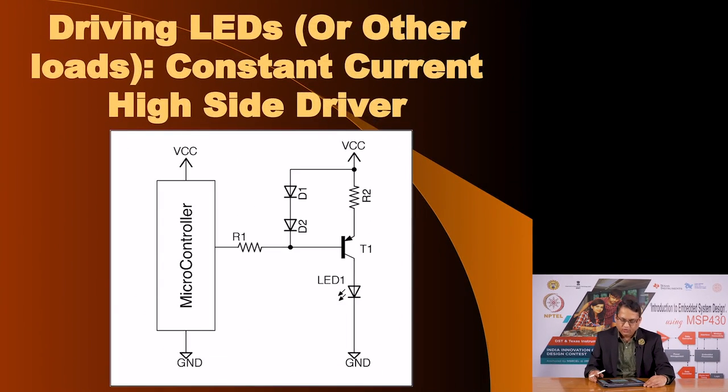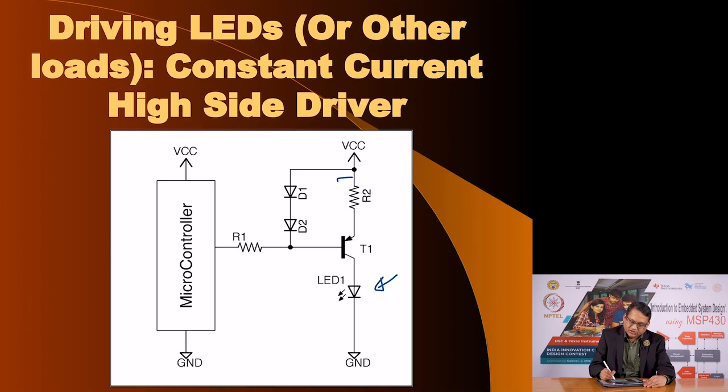Similarly, if you want to control the high power high side switch to provide a constant current source through the LED, we have a similar configuration. Now, we see from the previous configuration we have moved the current determining resistor towards the emitter side.